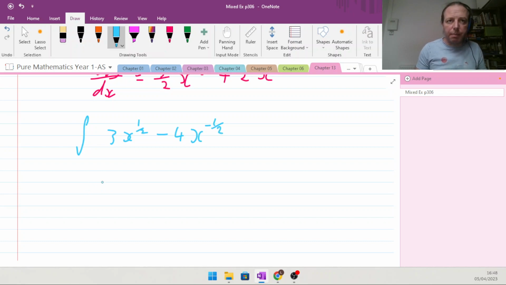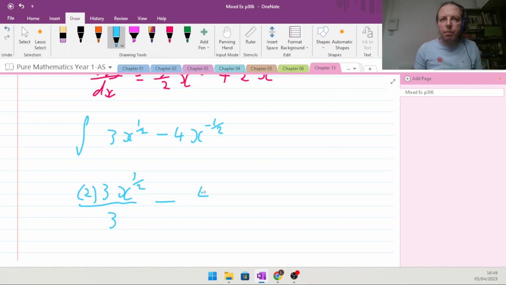So increasing the powers this time. So we have 3x to the 3 over 2, and we now divide by the new power. So we'll be multiplying by 2 divided by 3, minus 4x to the half, because minus a half plus 1, dividing by 2 over 1, which is there, plus c.